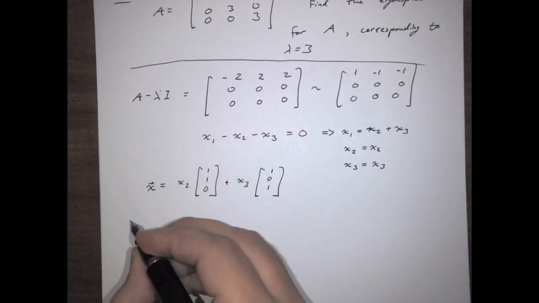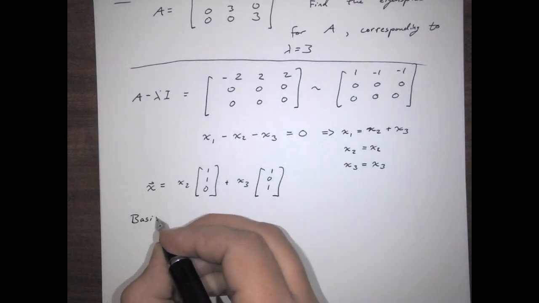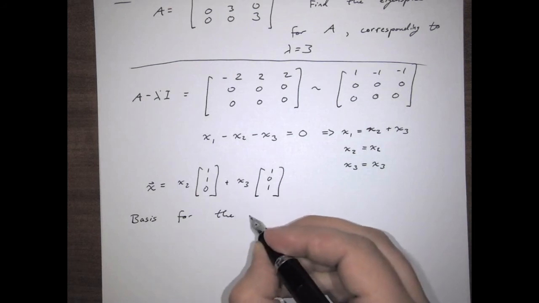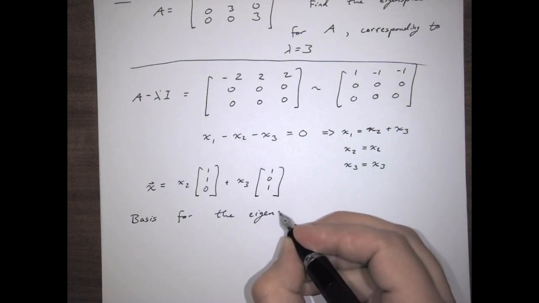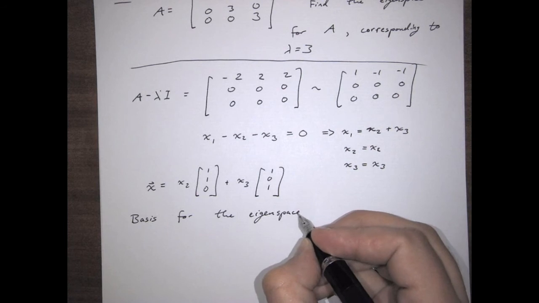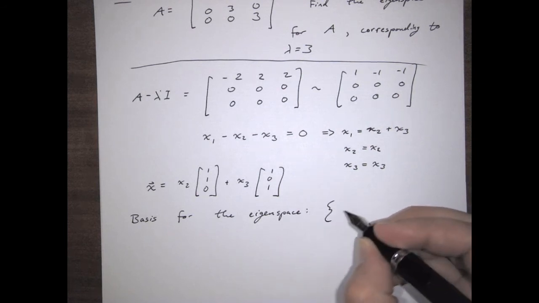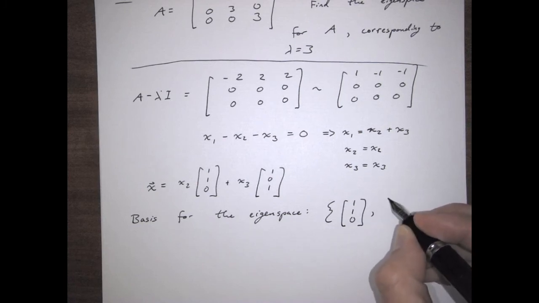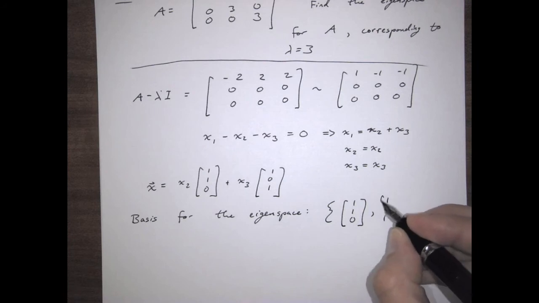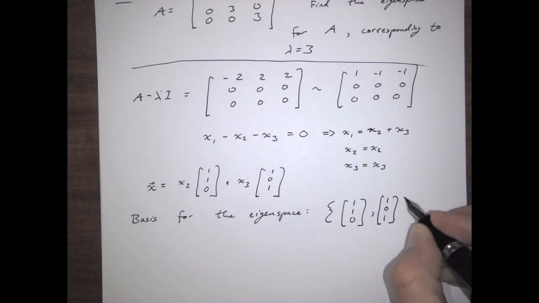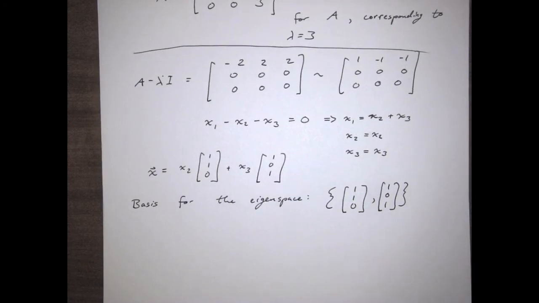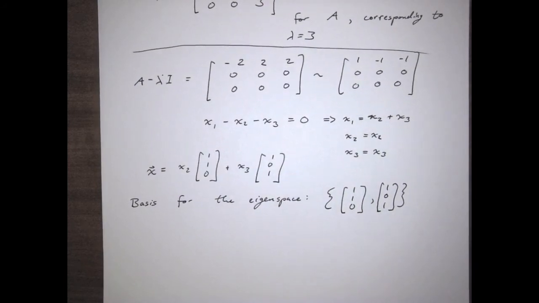So then, the basis for the eigenspace would be these 1, 1, 0, 1, 0, 1, and because there are only 2 of them, we can easily see that they are linearly independent of each other, because for 2 vectors to be linearly independent just means not to be a scalar multiple, and that's clearly the case.